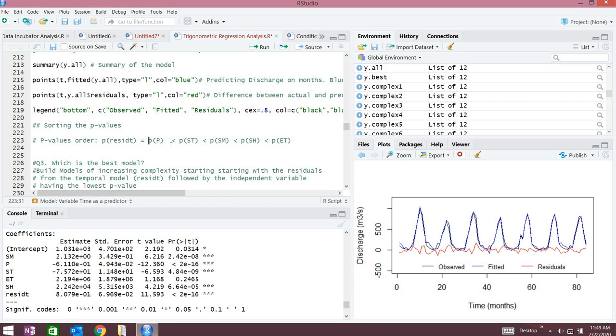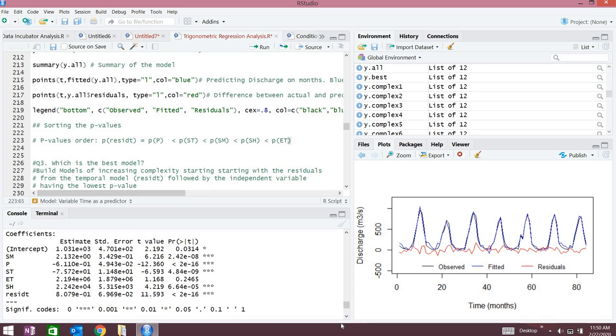Residual represents the time itself. And then comes the soil temperature, then comes the soil moisture, then the specific humidity, and then ET. So if I did not make any mistake, this is the order. The lowest p-value is for precipitation, and the highest p-value is for ET.